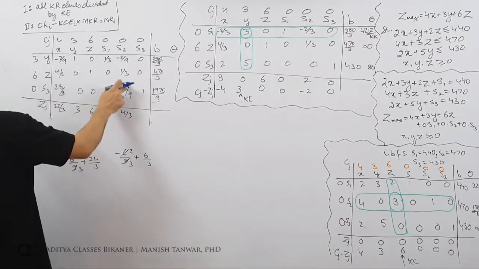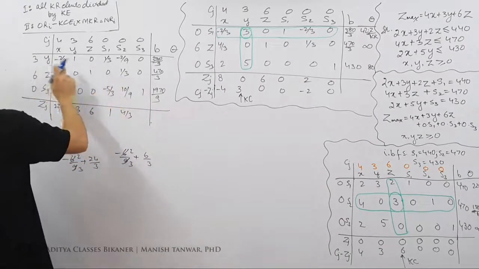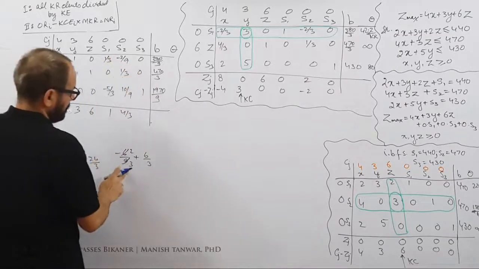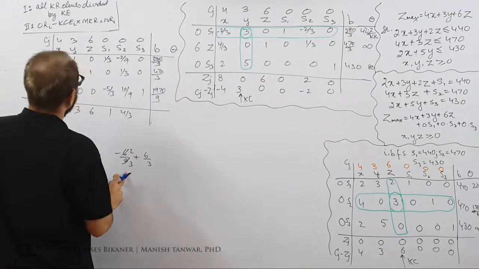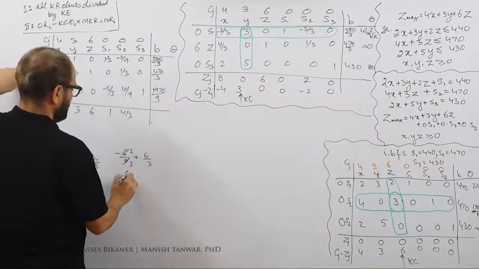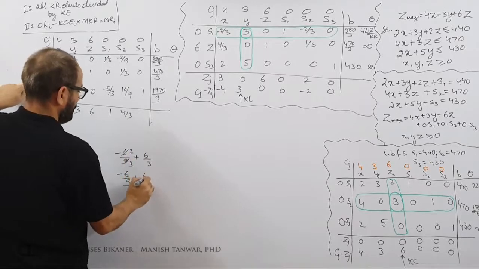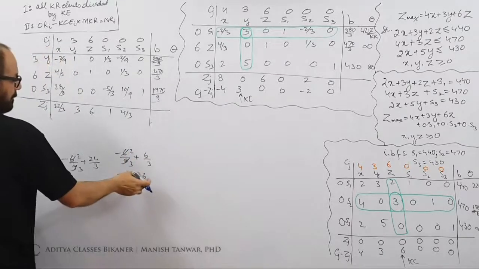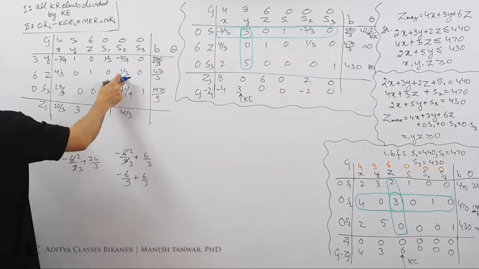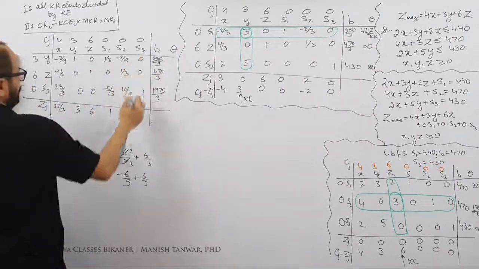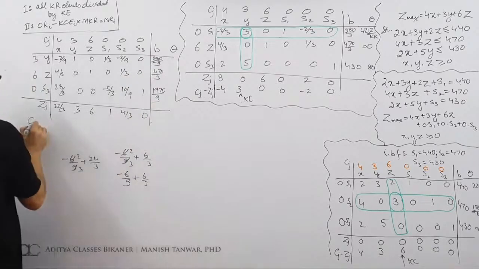This is straightforward 2. Something is wrong. This is minus 6 by 9 and this is 6. Okay, this is subtraction. So this is 2, and this is a subtraction, correct.